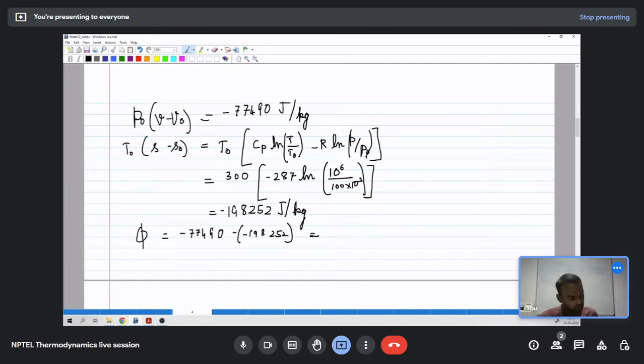This is 120,762 joules per kilogram, or 120.76 kilojoules per kg.